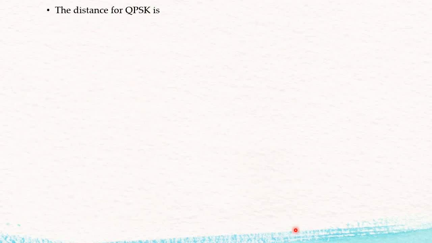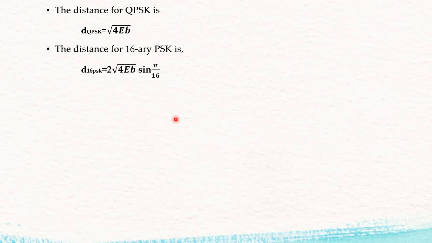Next thing. Now the distance for the QPSK. We have already found out the distance for the QPSK is under root of 4 EB. Hence the distance for a 16-ary PSK is what? This thing we have already seen in the last lecture, the formula for finding the distance for an M-ary PSK. So it comes out to be twice under root of 4 EB sine pi by 16.